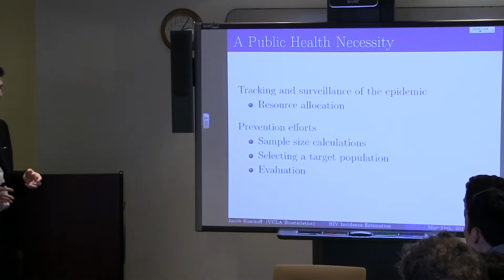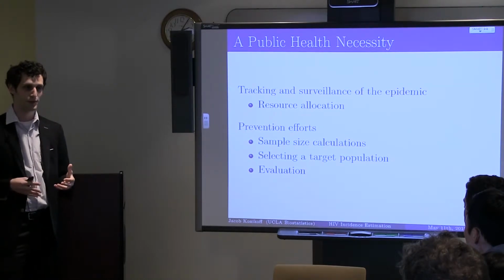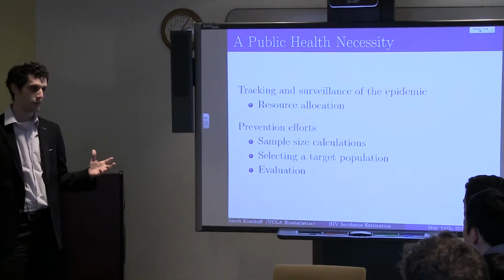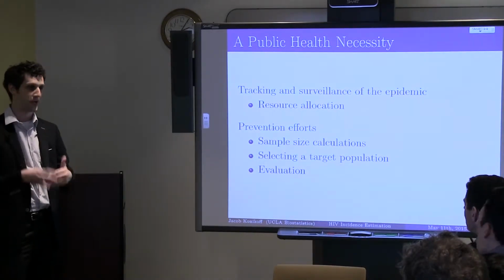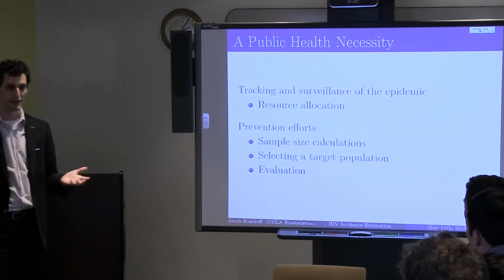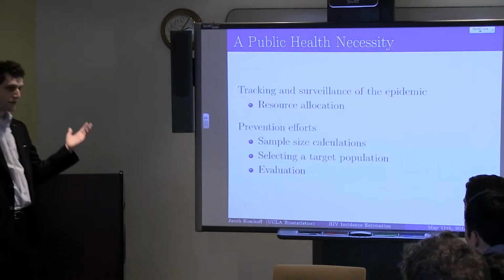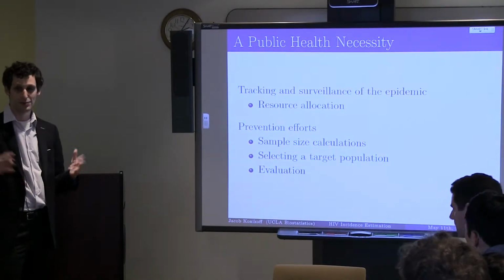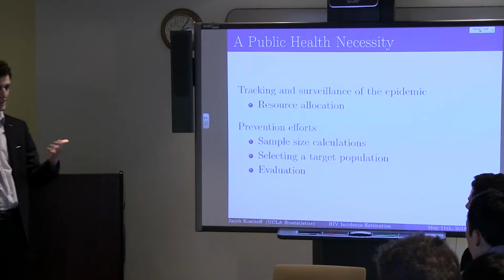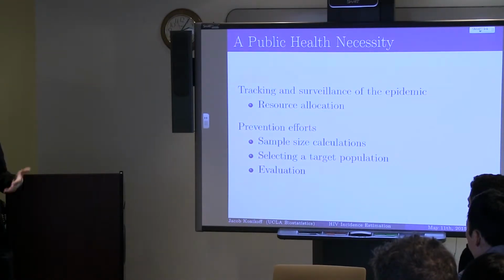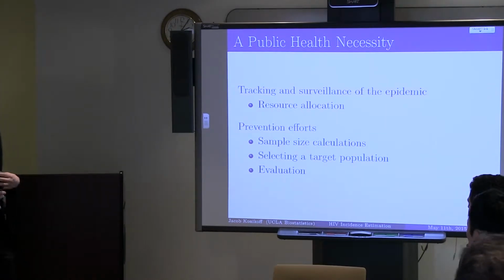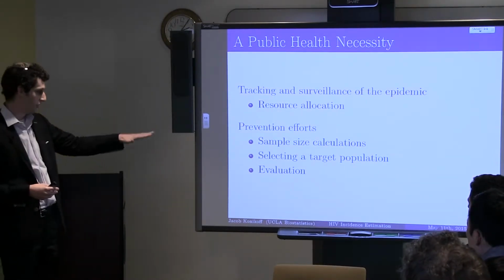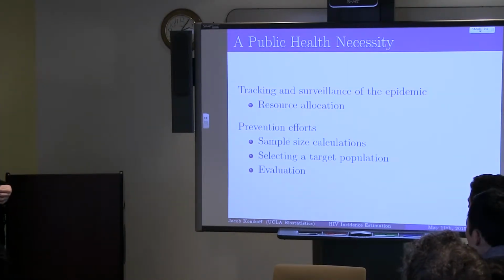So you can imagine that if very few people are getting infected in your population, you're going to need extremely large samples in order to distinguish whether you've actually prevented infections or you just randomly got a bunch of people who were not infected. Whereas if, say, half the people in your population are being infected with the virus, if you're not seeing any infections, you're going to know pretty much right away, regardless of your sample size, that you're actually preventing those infections. So the underlying incidence will influence your sample sizes.